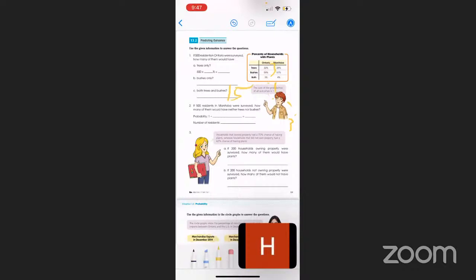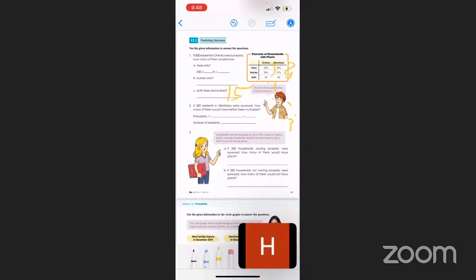Okay, number 2 is if 500 residents in Manitoba were surveyed, how many of them would have neither trees nor bushes? So basically we have to add all of them, right? The percentage.